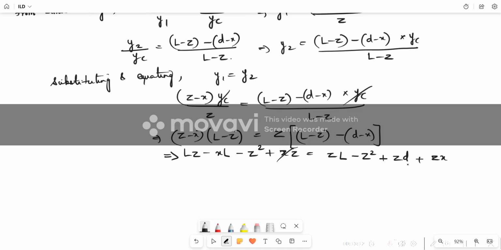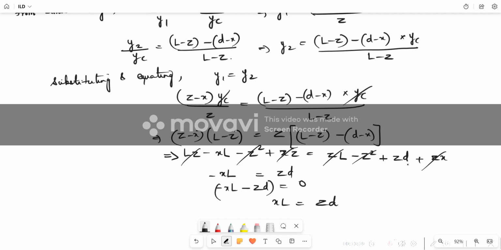So xz and zx will get cancelled, z square and z square will get cancelled, Lz and zL will get cancelled. So you will get minus xL is equal to zd, or when you bring it to this side, minus xL minus zd is equal to 0, or you will get xL is equal to zd.